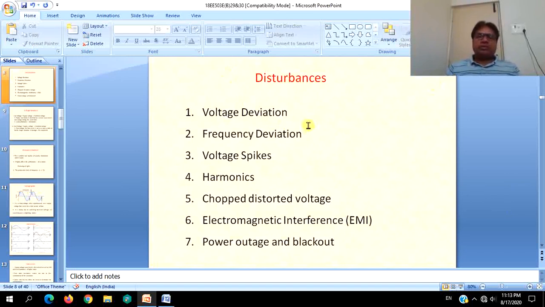We have to design our protection and operation circuits such that these disturbances are as small as possible, so that the output voltage waveform from the power supply is a perfect sinusoid at the given magnitude and frequency.